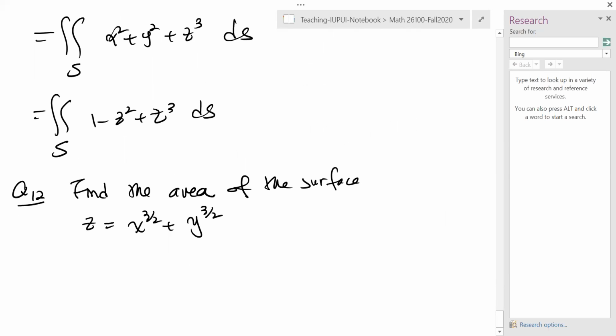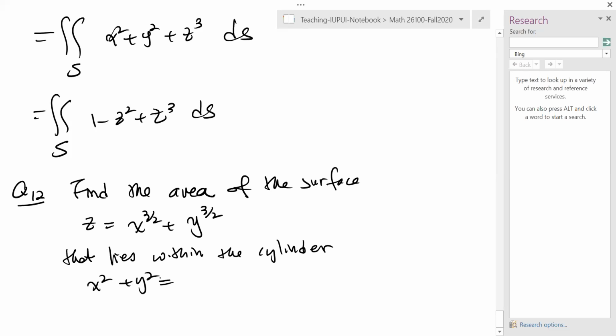And it lies in the first octant. All right.